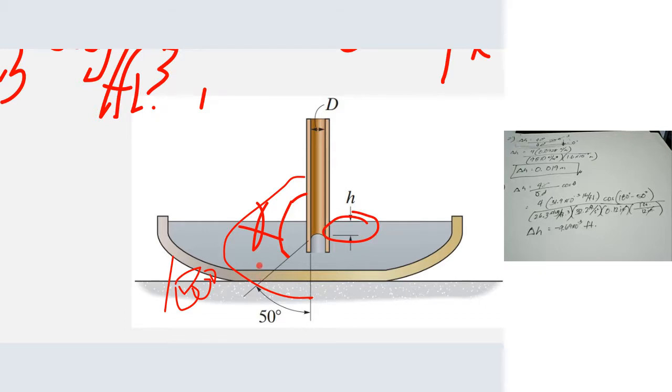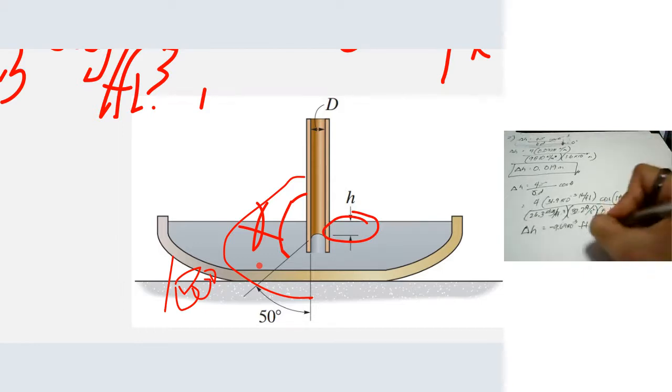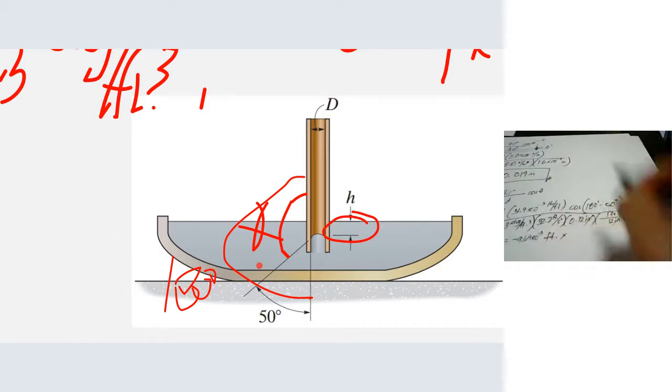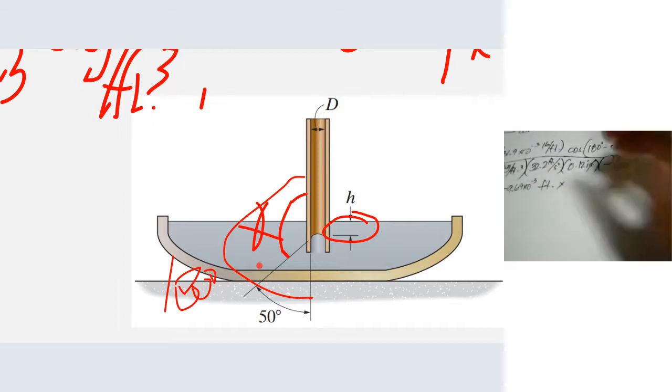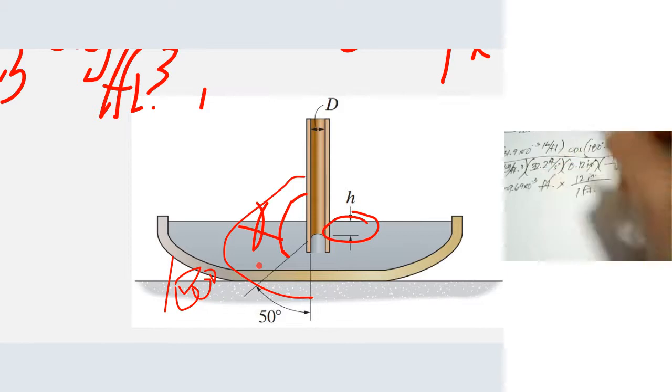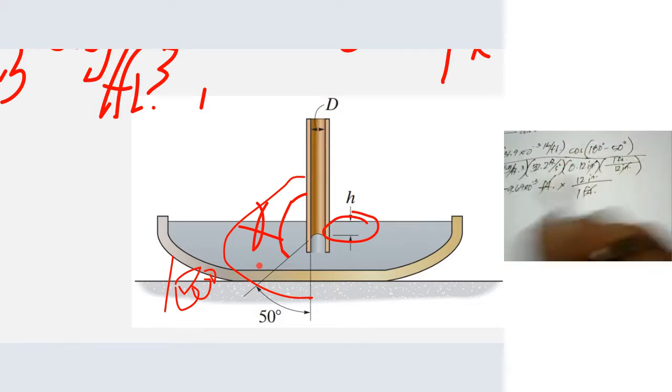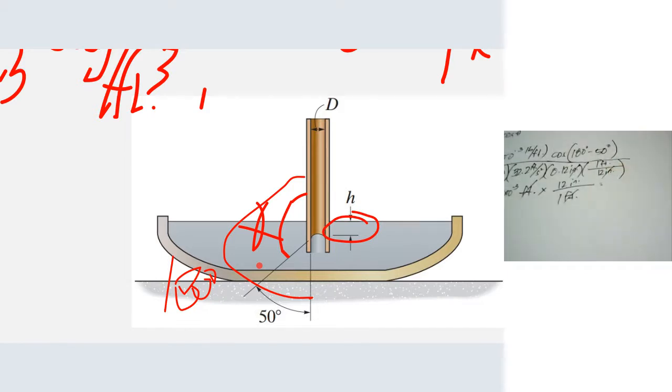Okay. It's negative 9.69 times 10 raised to negative 3 foot, or if we will convert this to inch, we will multiply 12 to it. What will be the capillary rise?